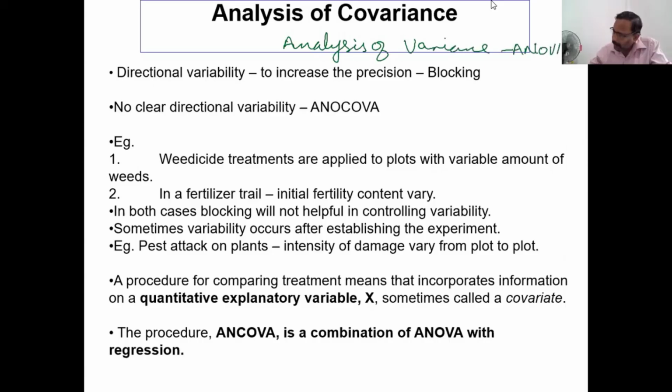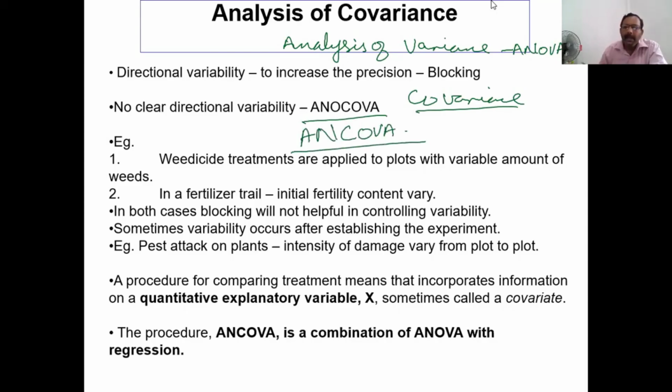So up to now we learned the term called analysis of variance. It's called ANOVA. Now we have a title called analysis of covariance. It's called ANOCOVA. Some people write ANCOVA.